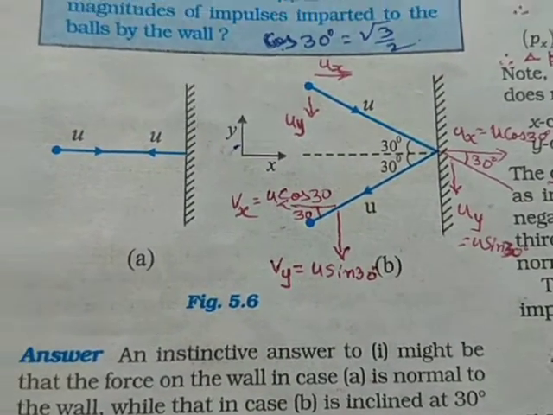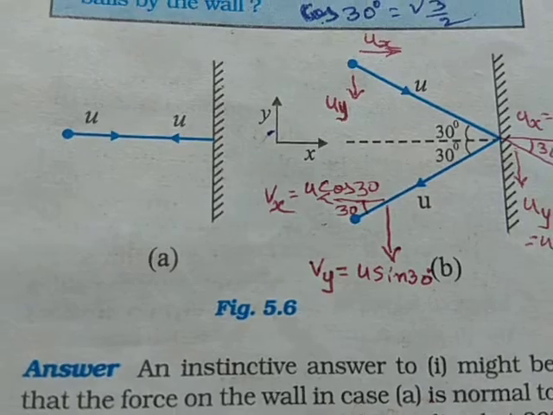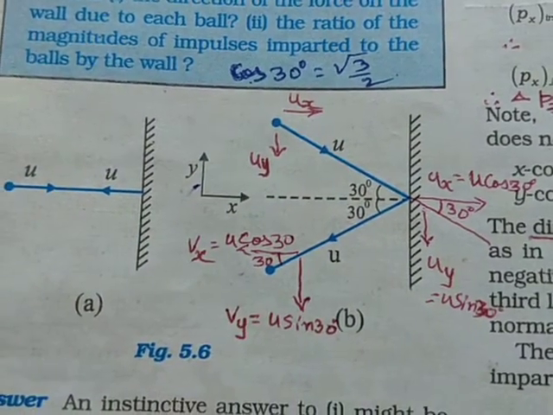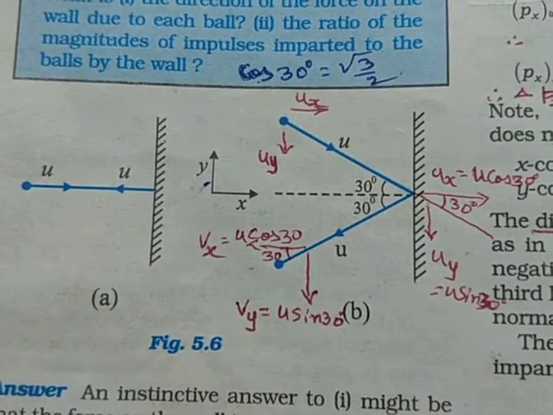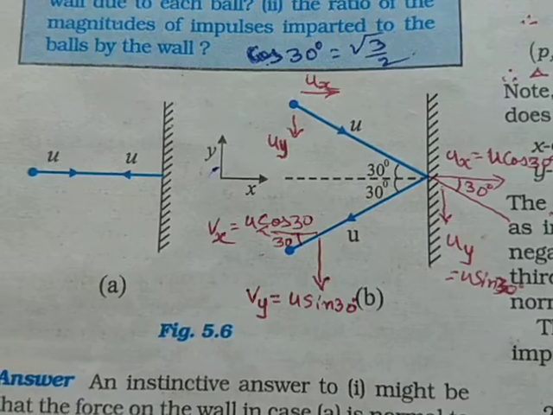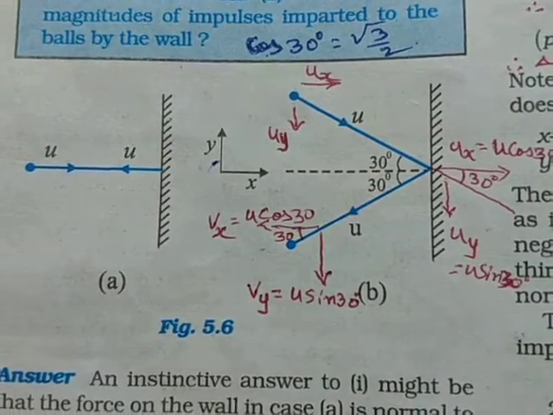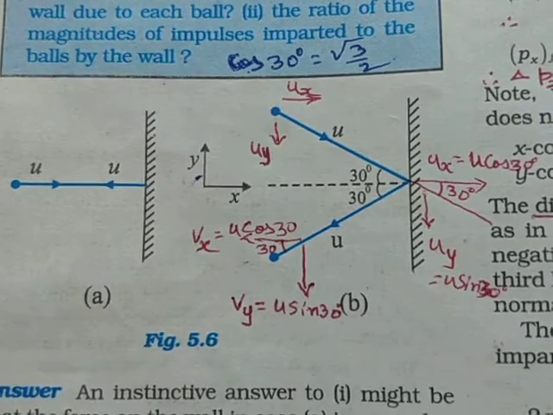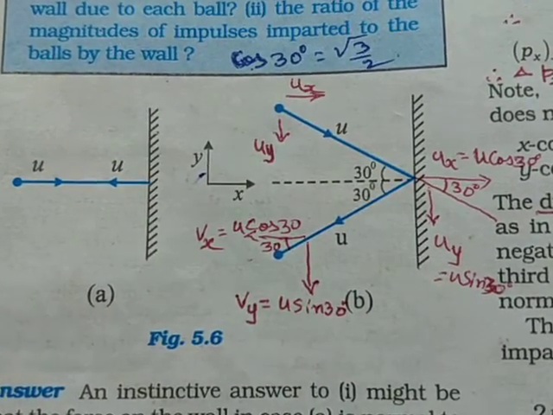And now after being reflected back by the wall, the ball is having a velocity component along the x-axis. The final velocity component along the x-axis is now u cos 30 degree, but this time it is against the positive direction of the x-axis.